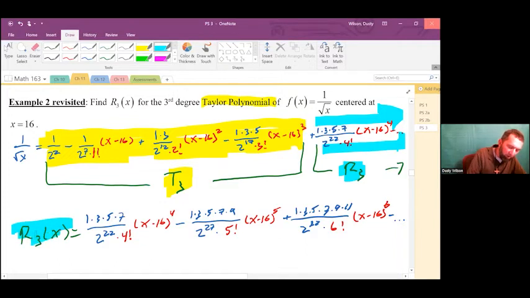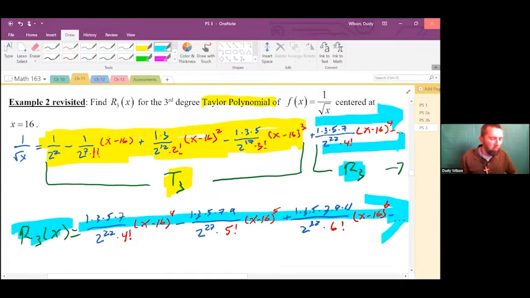Notice there's this dot, dot, dot that just goes on forever. It keeps going and going, like the Energizer Bunny. So the Taylor polynomial, that's just the chunk of the Taylor series, truncates, it ends. The remainder is everything else.